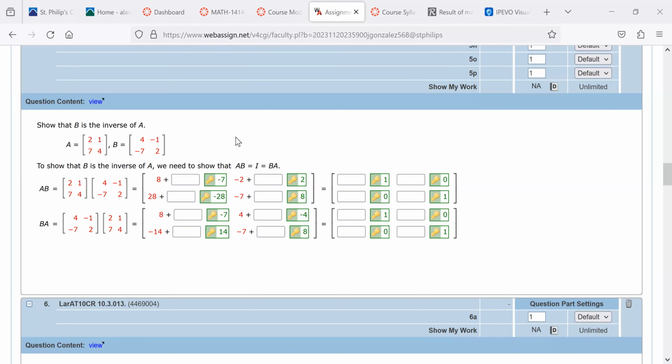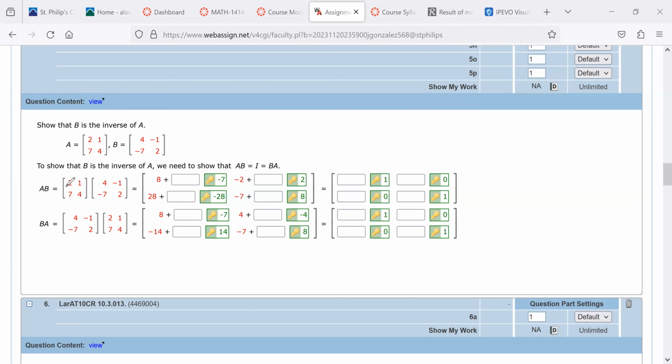You do row times a column. And then this row again times that column. Then you do this row times this column. This row times that column. It's kind of tedious. I don't really want you to do it that way, but just so you can see at least once.